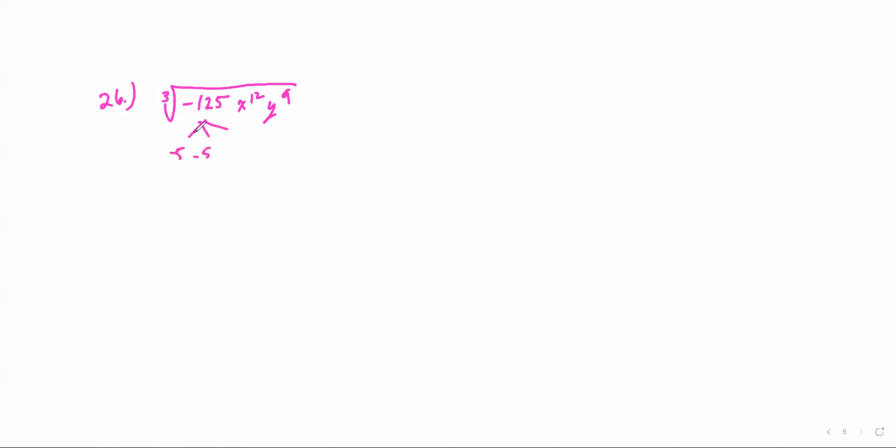So negative 5 times negative 5 is positive 25, times negative 5 again would get me negative 125. 3 goes into 12 4 times. And then 3 goes into 9 3 times. So therefore, that will be your answer again. Everything came out evenly, so there are no radicals left.